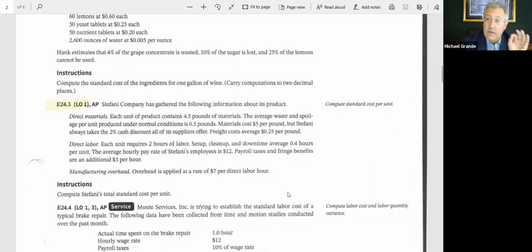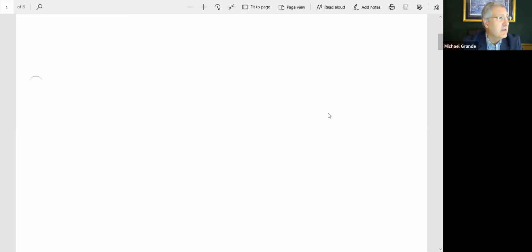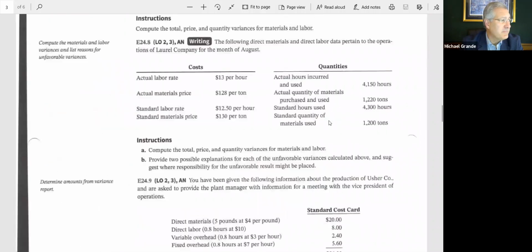Again, they're giving you information so you can calculate quantity and price assumptions for direct labor. And lastly, manufacturing overhead is applied at a rate of $7 per direct labor hour. Again, you need to prepare a standard cost card summarizing quantity and price assumptions. Let's take a look at the solution.